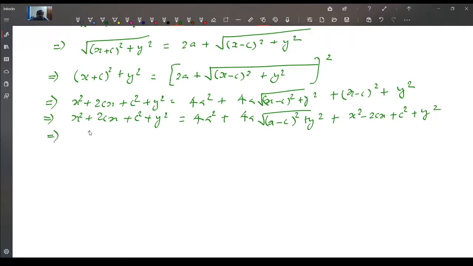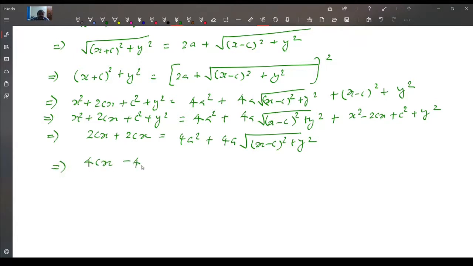So this implies 2cx. You take this 2cx to this side, so plus 2cx is equal to 4a square plus 4a into root of (x minus c) the whole square plus y square. So this implies 4cx minus 4a square is equal to 4a into root of (x minus c) the whole square plus y square.